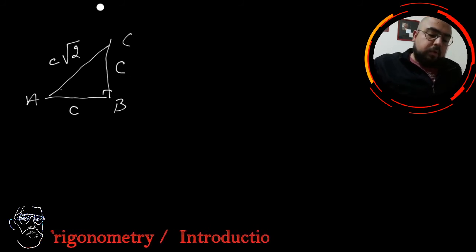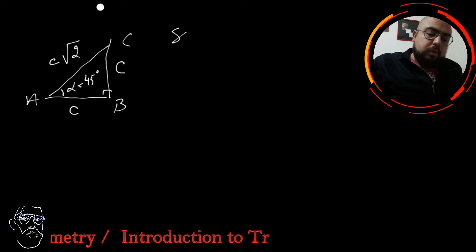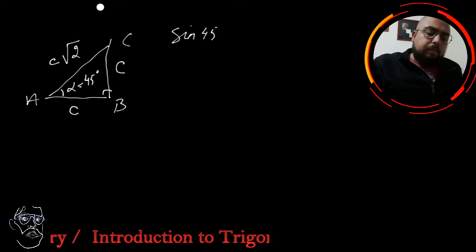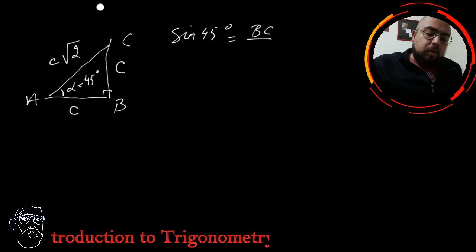So let's say I'm interested in this angle alpha, which is of course 45 degrees. Sine of 45 degrees, it could be alpha or even the angle C, is opposite, BC, over hypotenuse, AC.